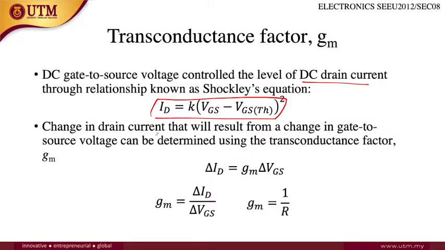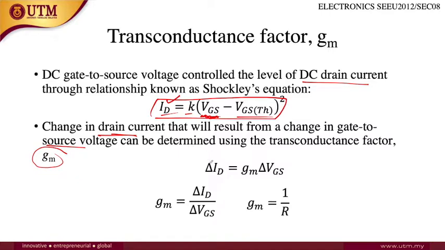The change in drain current results from a change in gate to source voltage, because these two values are constant and can't be changed. Only if you change VGS will the drain current change too. And it can be determined using the transconductance factor, which is GM.